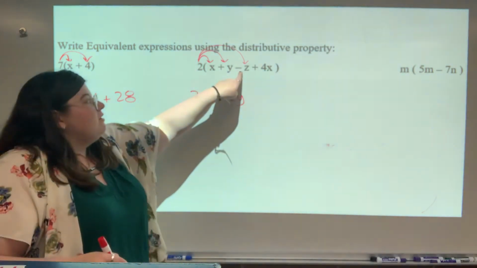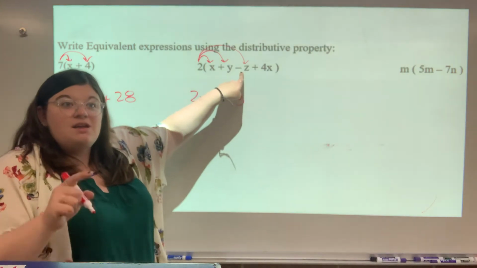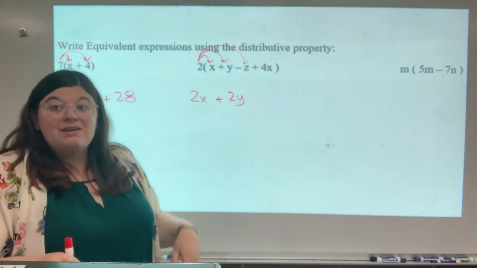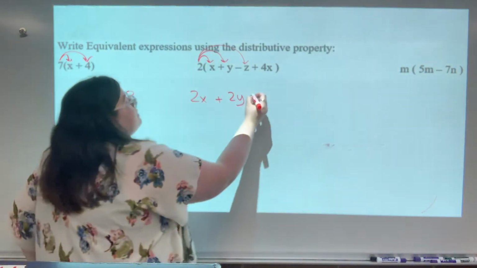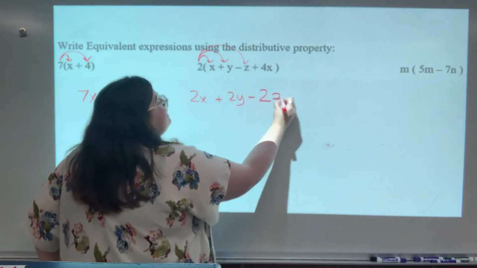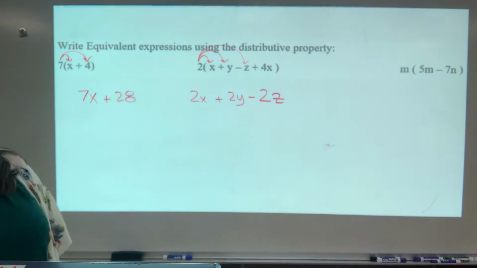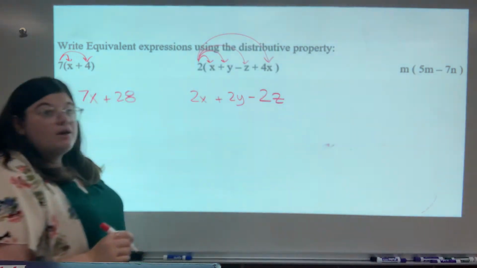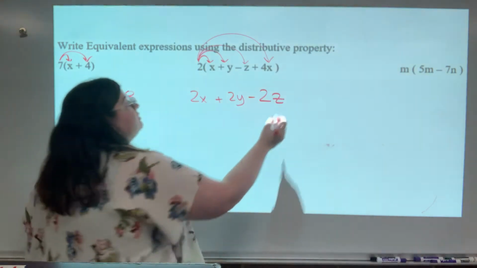If you want to think about it, negative z is the same thing as negative 1 times z, right? So I'm really doing 2 times negative 1, all right? So that's going to give me negative 2z. And then that last one, 2 times 4x is going to give me 8x.